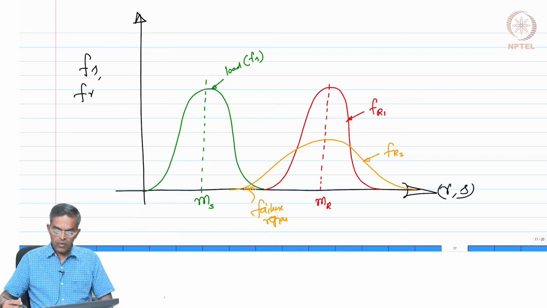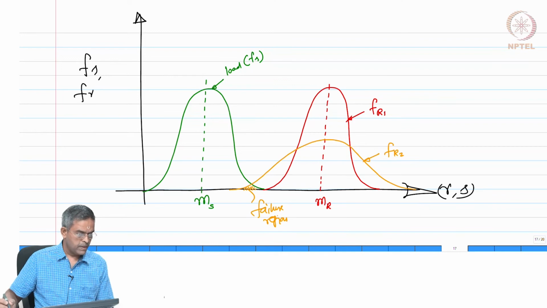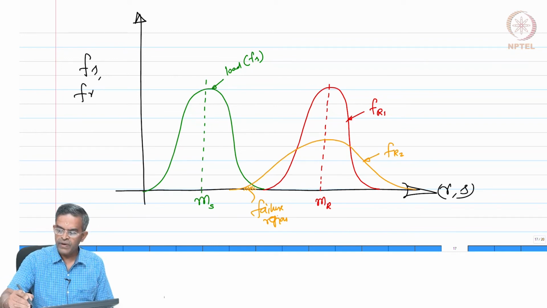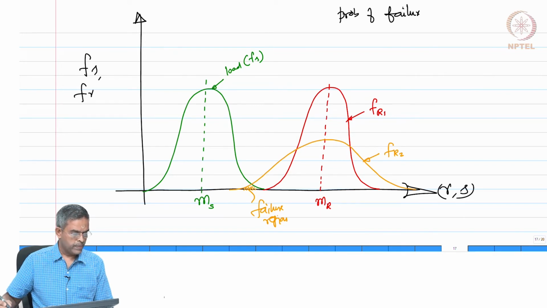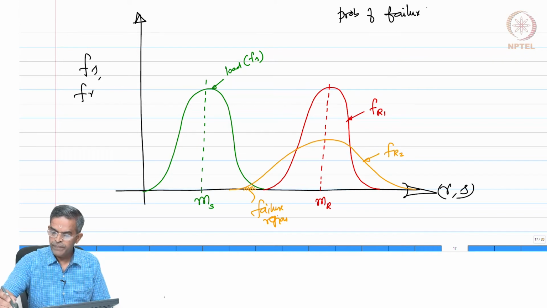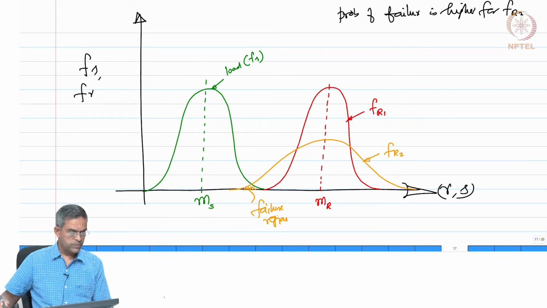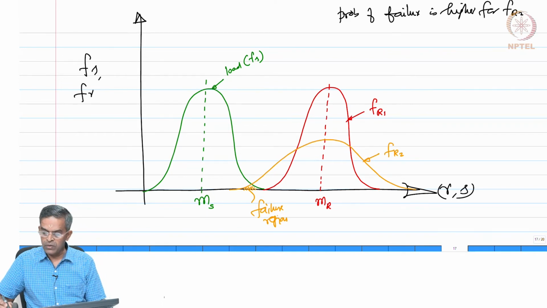Okay. So, looking at this figure, we can say that the probability of failure is higher for distribution FR2 compared to FR1, because FR1 has no overlap with Fs. Okay.